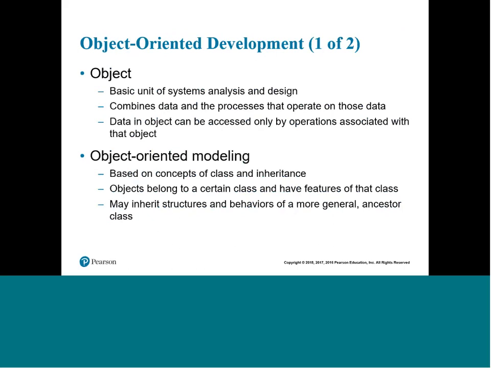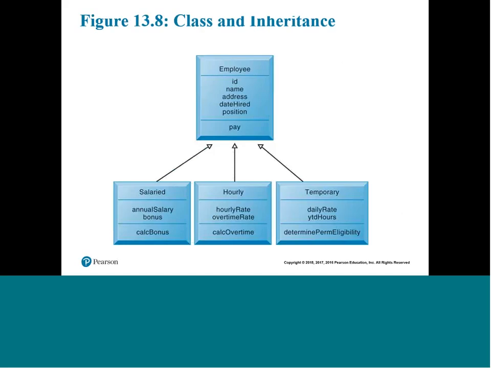So OOM is based on the concepts of class and inheritance. Here we have four entities: employees, salaried, hourly, and temporary. Salaried, hourly, and temporary are all classes that inherit from pay.